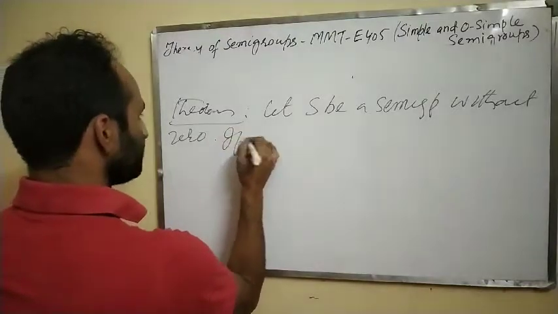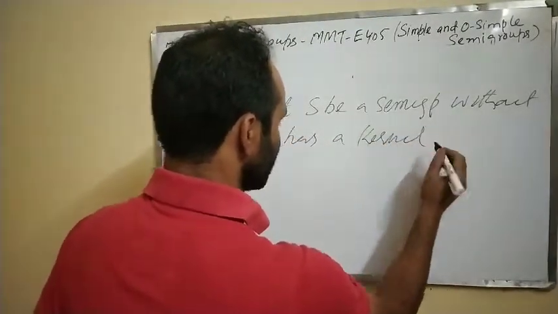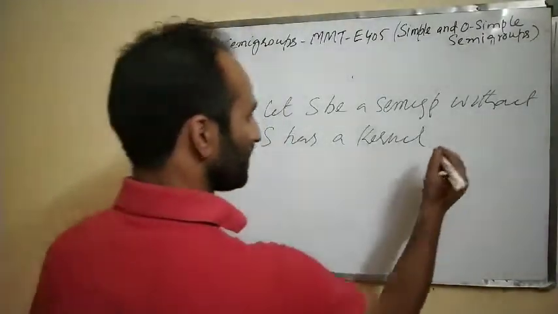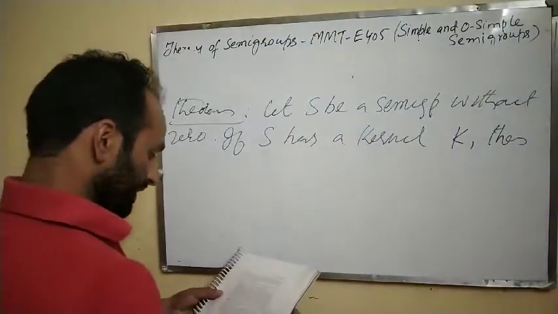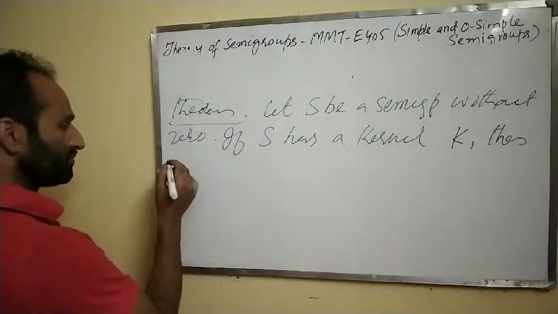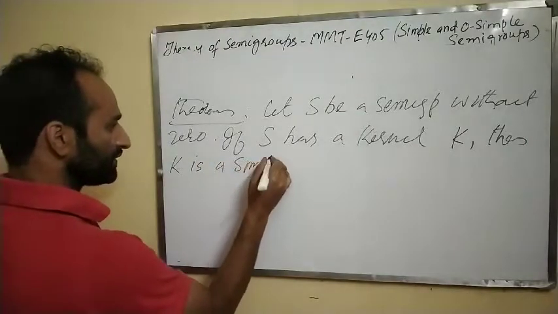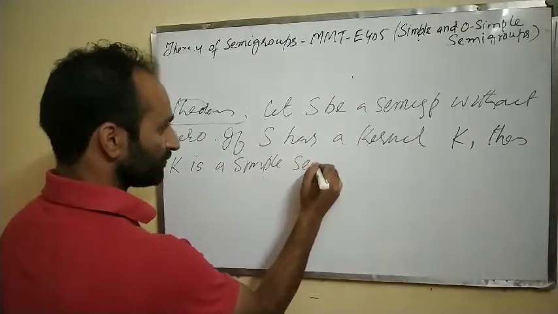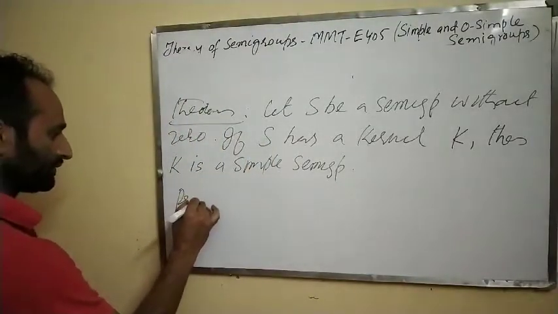Now suppose S has a kernel K, meaning a zero minimal ideal. Then K is a simple semigroup. It's not zero simple, because here we don't have zero. It follows from the previous theorem.